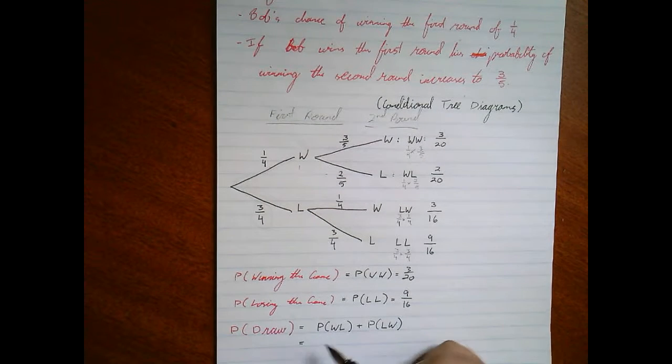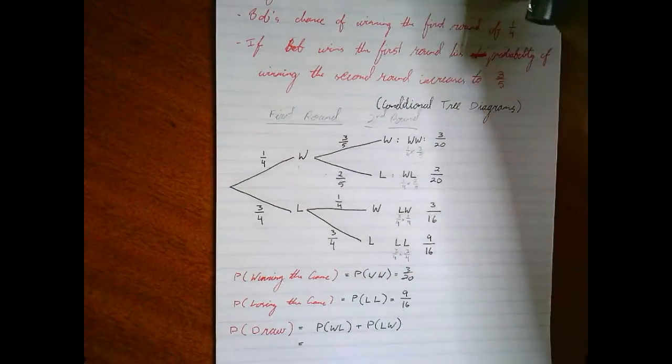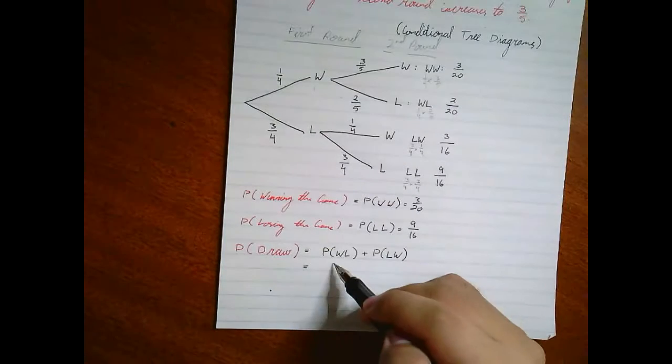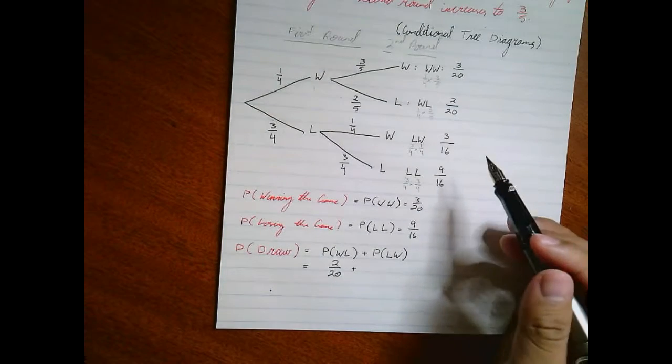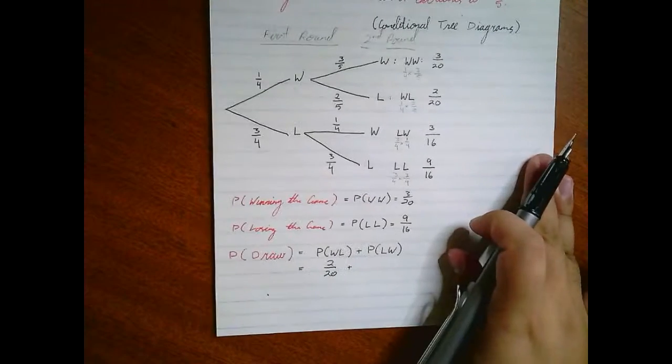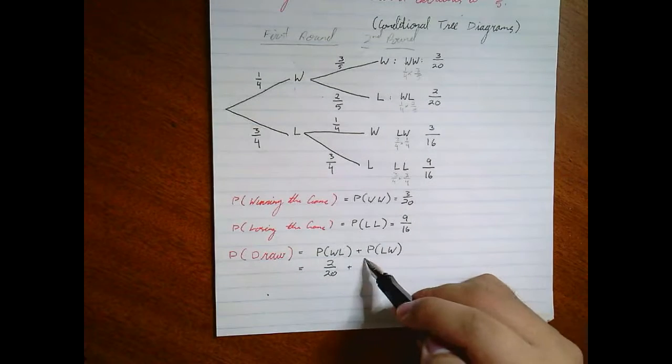The probability of a win-loss is here, 2 in 20, plus the probability of a loss and then a win is 3 in 16.